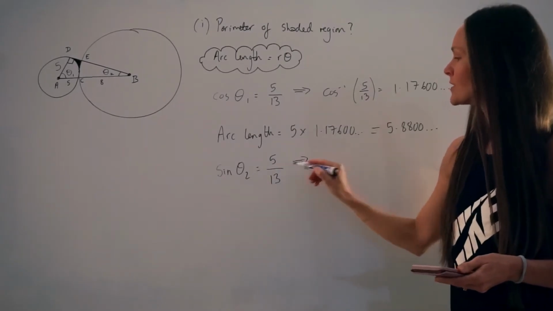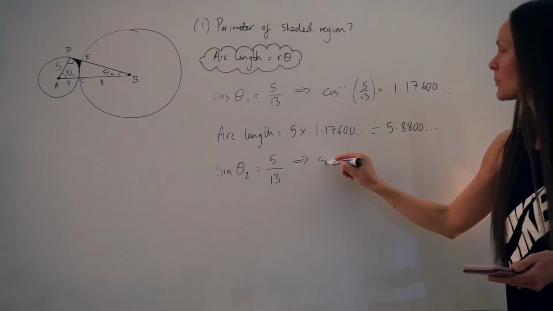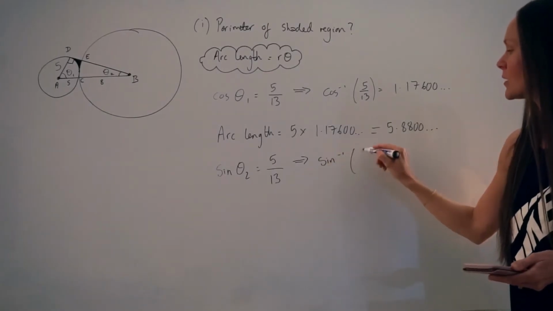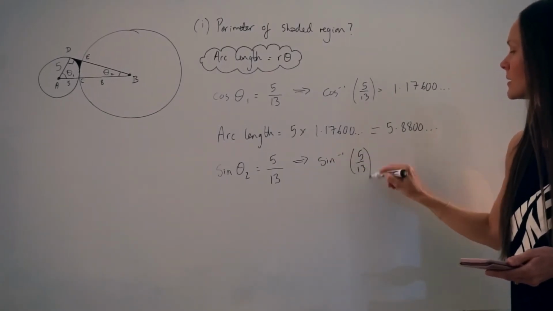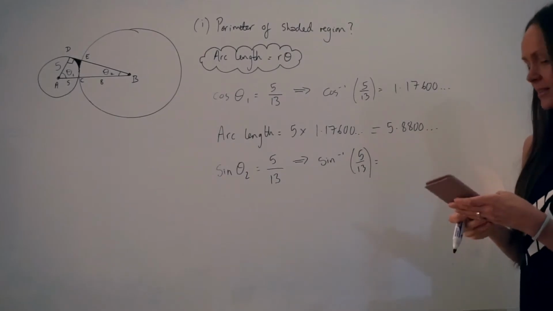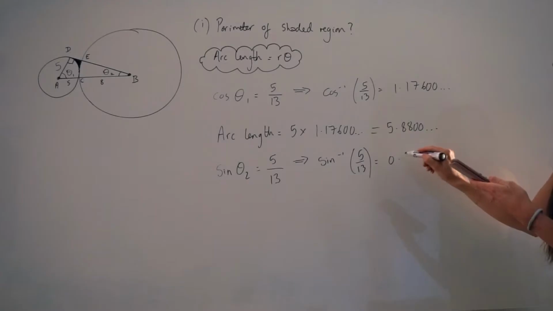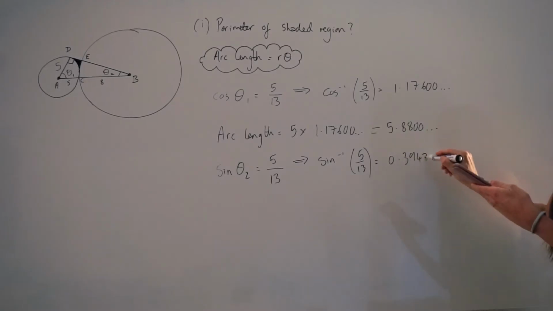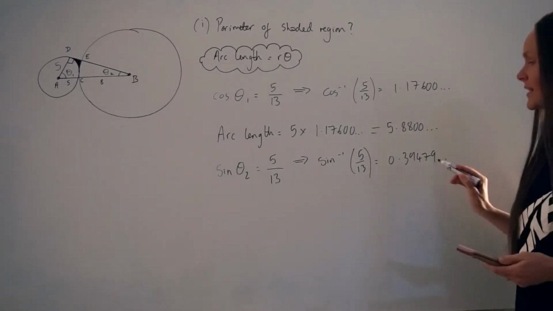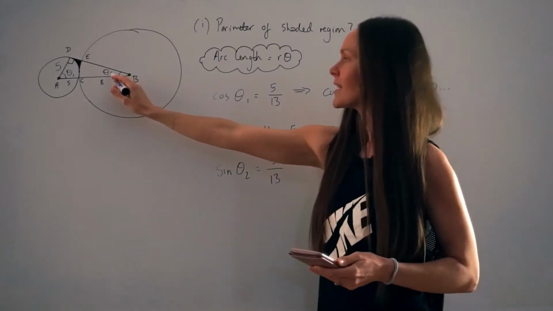If you solve this equation to find theta, you type into your calculator sine minus 1 of 5/13, and when you do that, you get 0.39479 and so on. So that is the angle of this sector here.